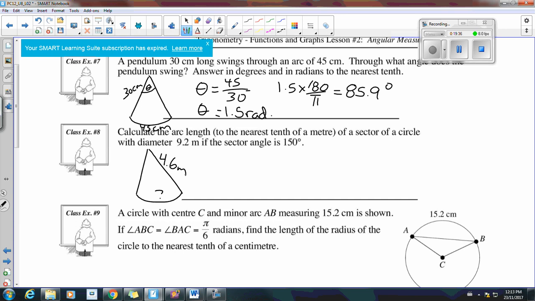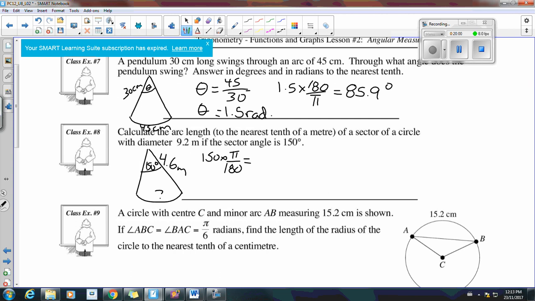They always like trying to trick you with any questions to do with a circle by giving you that diameter instead of the radius. And I know this angle is 150. So this is the type of question on the diploma exam. They usually supply the picture for you, but we need to realize that we need to change this to radians before we can go to the formula.